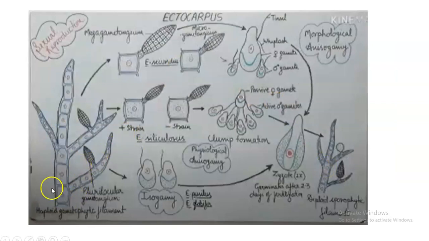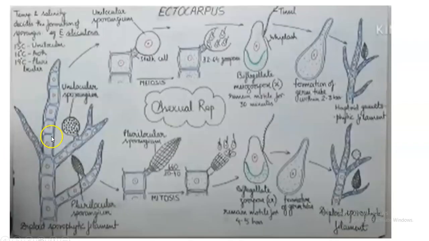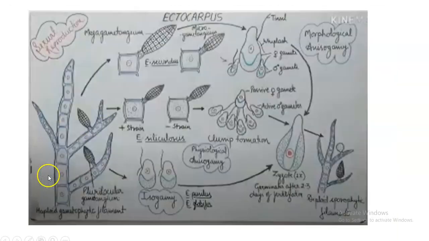Sexual reproduction begins with the haploid gametophytic generation. I told you to observe the morphology of the sporophyte in the previous slide. This is the morphology of the sporophyte. Do you see the similarity between this sporophytic generation and this gametophytic generation? Both are the same, right? The only difference is that there was a unilocular sporangia present.